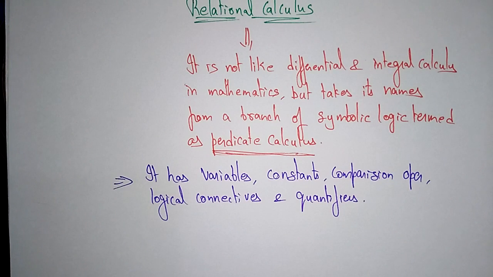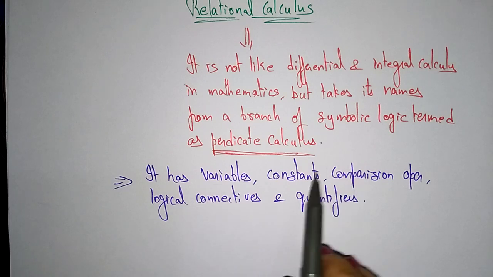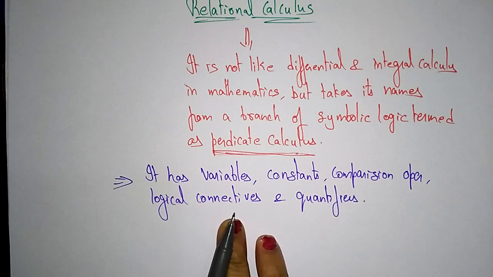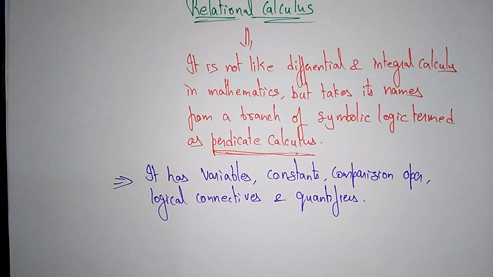Just like relational algebra has different operations like selection, projection, cross product, set difference, for relational calculus we use variables, constants, comparison operators, logical connectives and quantifiers.